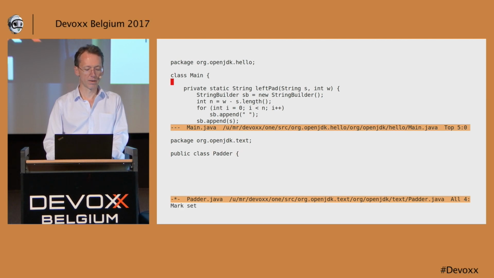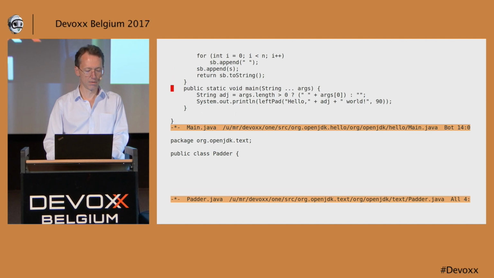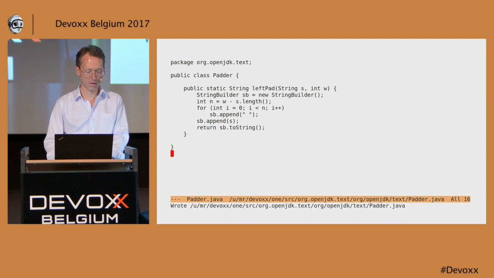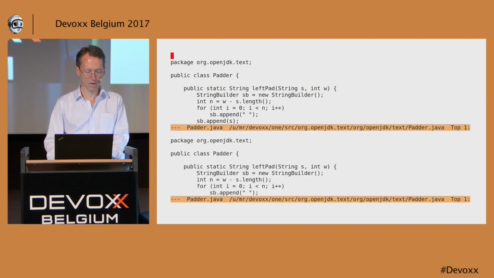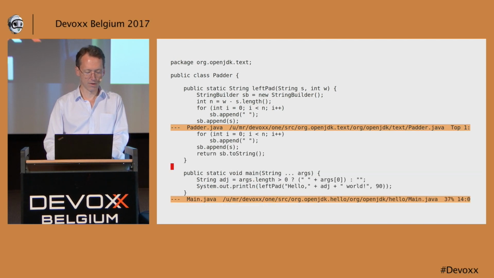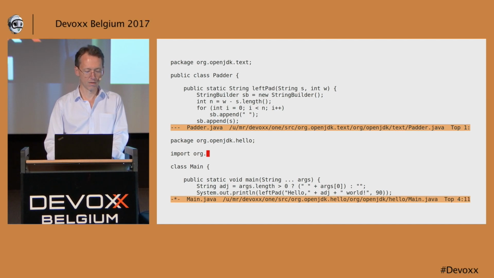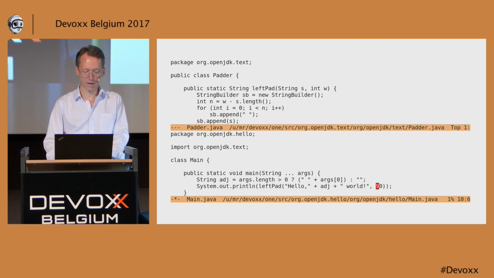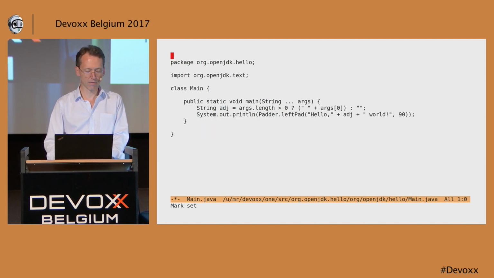So we'll take this private method here and make it into an API. Okay, there's our pattern class, a nice static method. Let's change the code in main to use that. Don't need that anymore. We need to import org OpenJDK text. And here we need to run Pattern.leftpad. Okay, so that should be all good as far as the executable code goes.